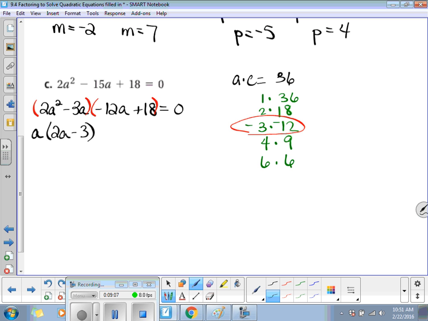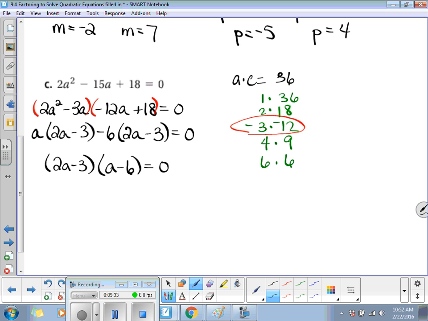So we're going to end up with a positive 2a minus 3, and that's going to be equal to 0. So my two like binomials then are 2a minus 3, and the second one is a minus 6 equals 0.